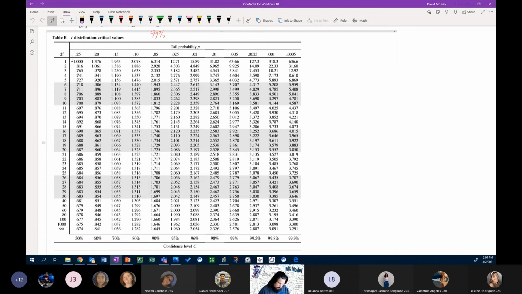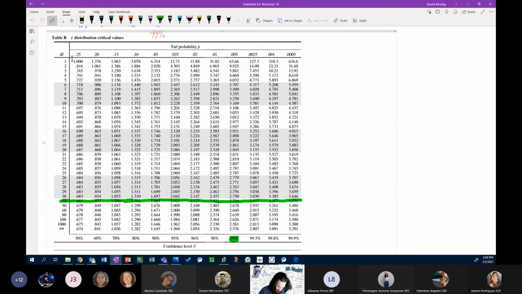We're not really using this tail probability right now, so just don't stress on that. So we're going to find 46 under degrees of freedom. But again, we don't have 46. And playing by Price is Right rules, we have to go back down to 40 because I can't use 50. 50 goes over. So we're going to need 40 here. I'm just going to highlight all the way across so we can find where it intersects with the 99%. 99% is right down here at the bottom.